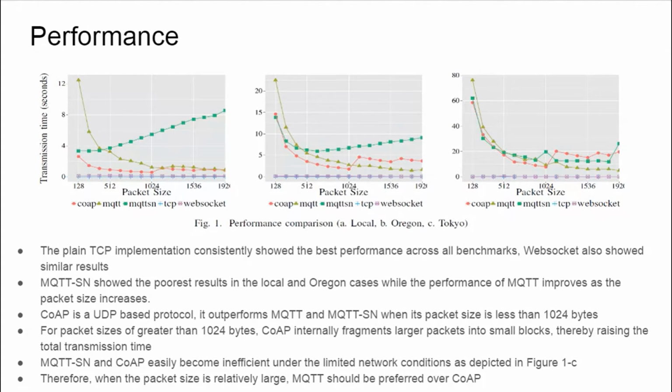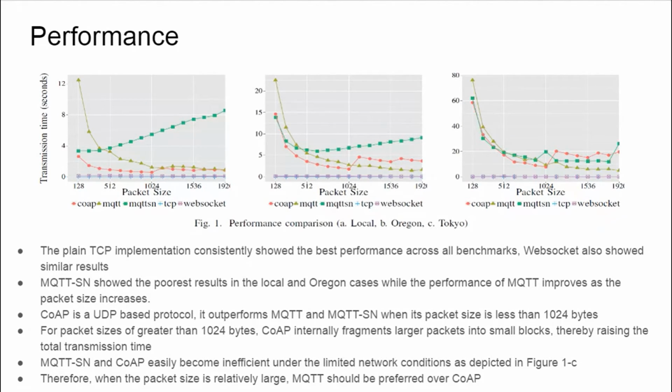Looking at the performance metric, we can conclude that TCP and WebSocket protocols show the best performance across all benchmarks. MQTT-SN shows the poorest result in the local and Oregon cases, while MQTT's performance increases with increasing packet size. CoAP performs better than MQTT and MQTT-SN as long as its packet size is less than 1024 bytes.